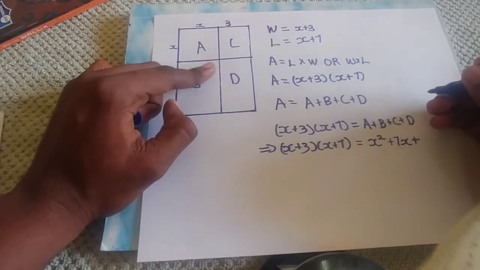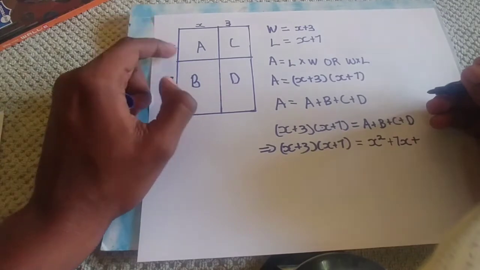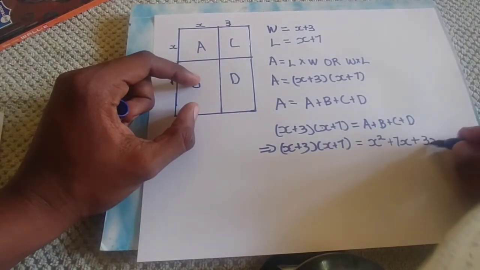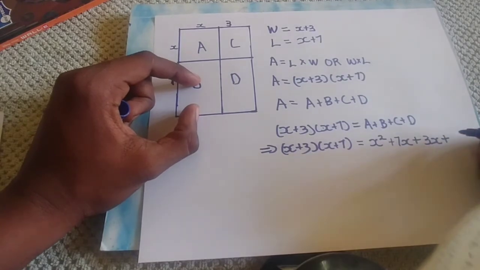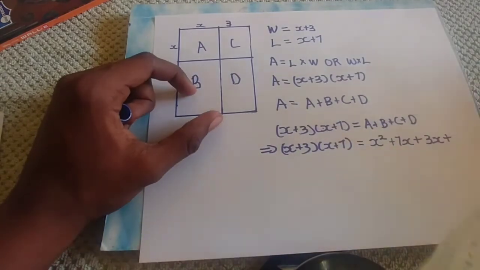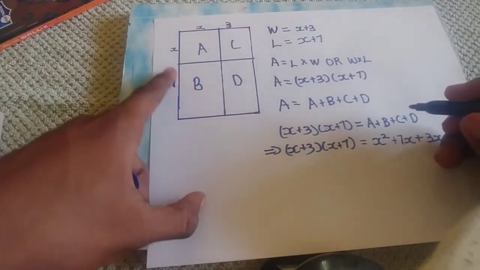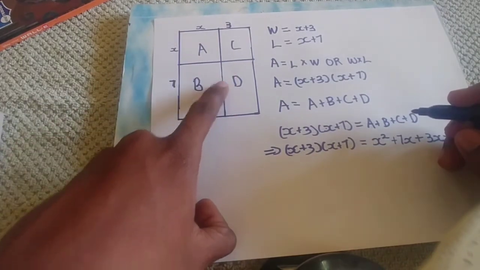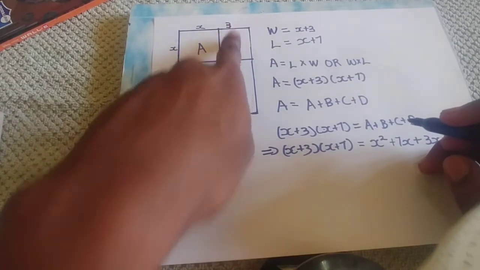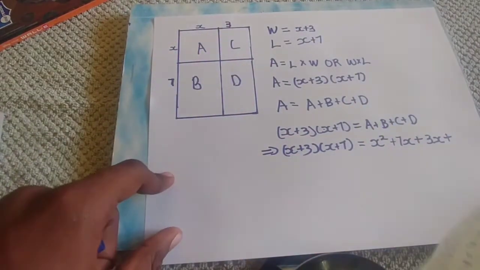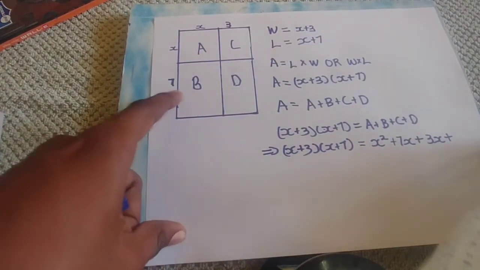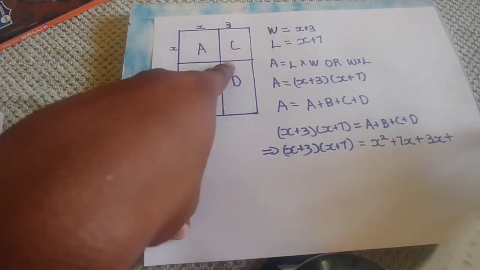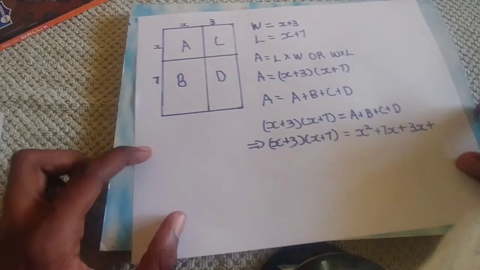So the area of C is 3 times x, which is 3x. And what about D? The length of D is 7, because if there is 7 there, there should be 7 here as well. And the width of D is 3. So the area of D is 7 times 3.